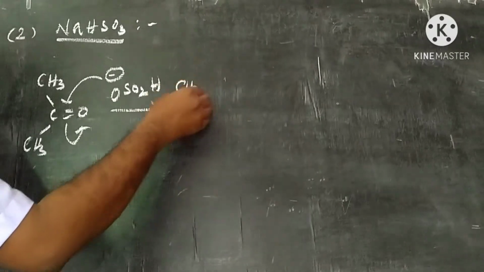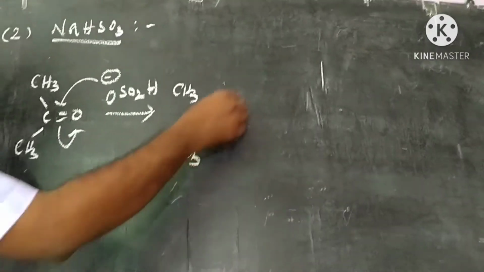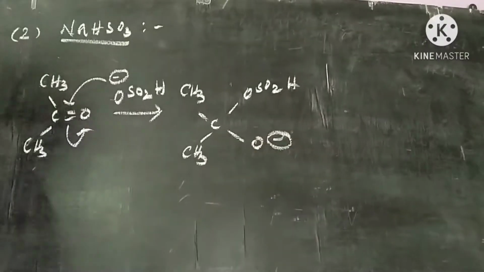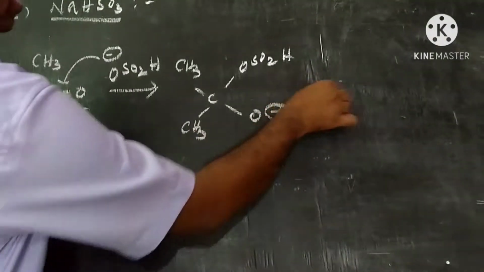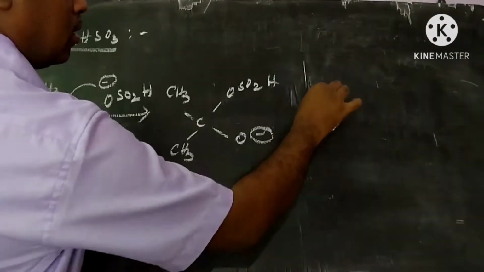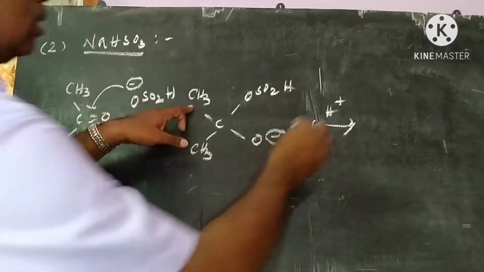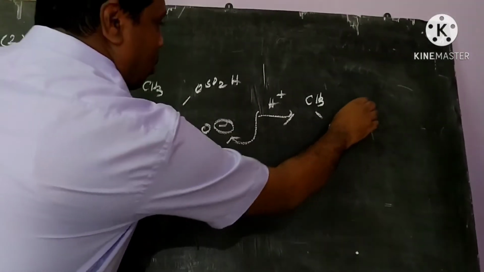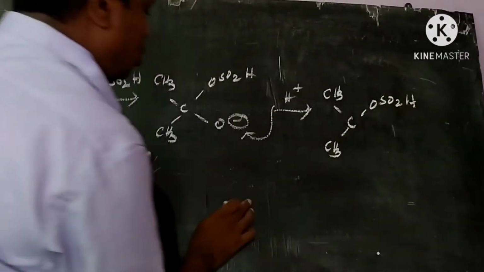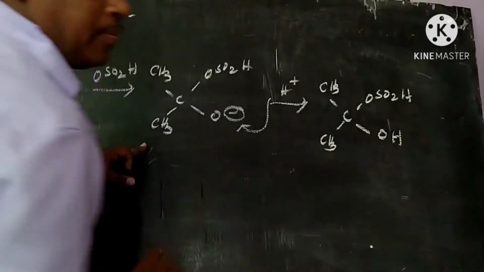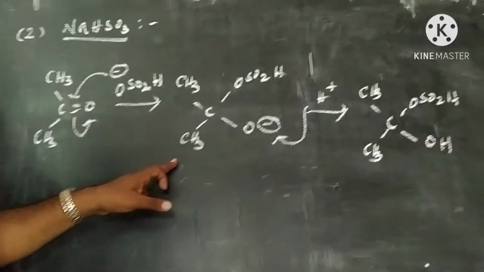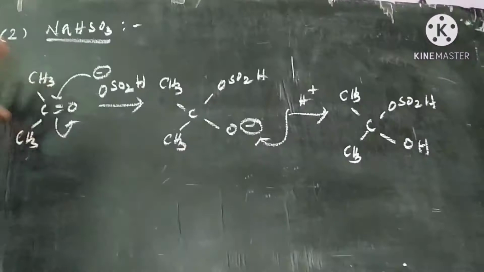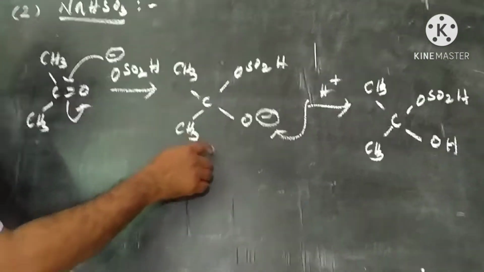So CH3, C, CH3, with O, SO2H, OH. That is the bisulfite addition compound.